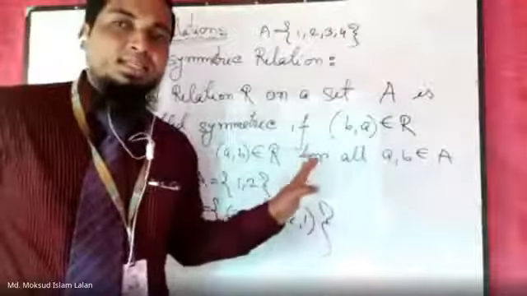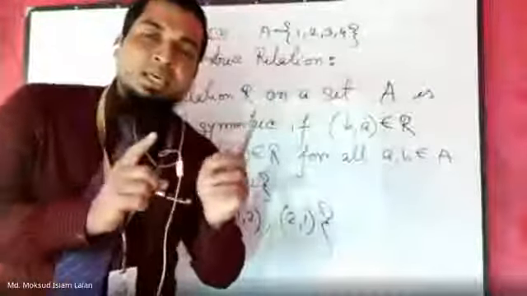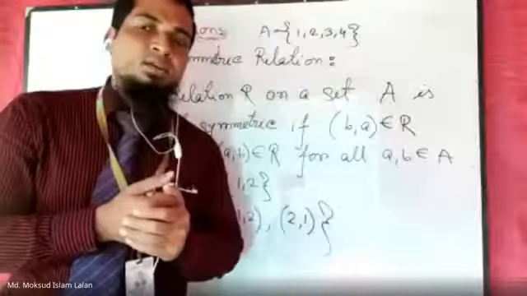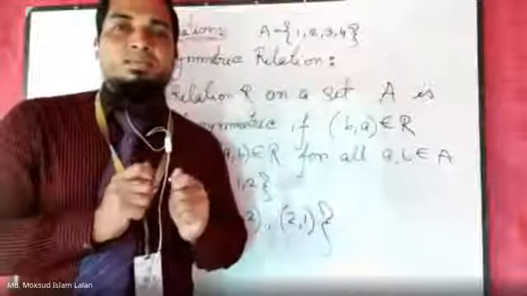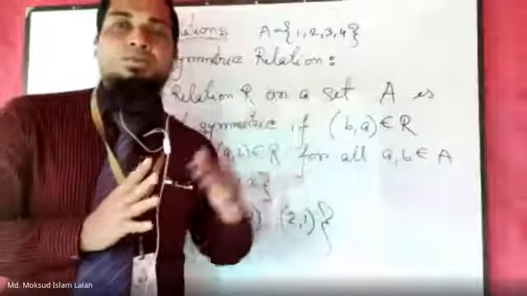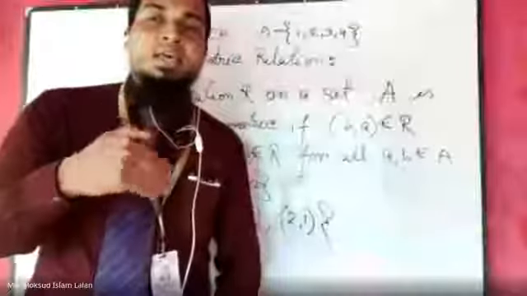Do you understand this example? Symmetric means you need to just check their mirror image, right? Whether the image belongs or not. Farhan, would you please check except R2? I could find only R2, sir. Would you please check it again?